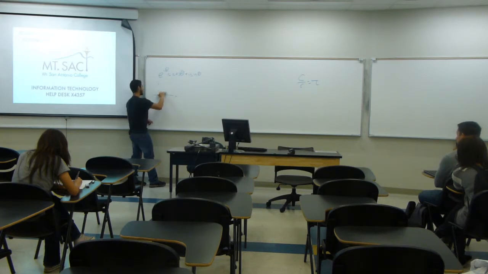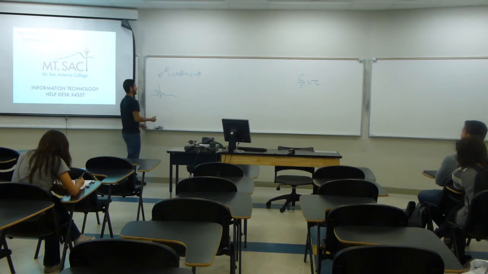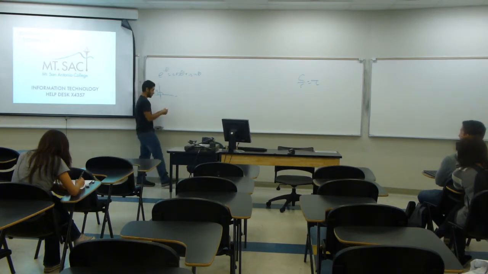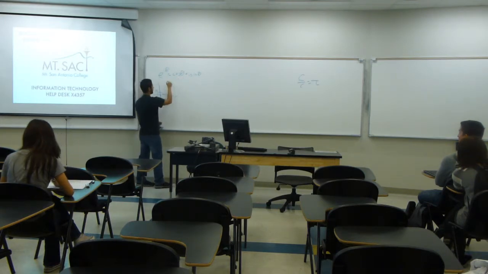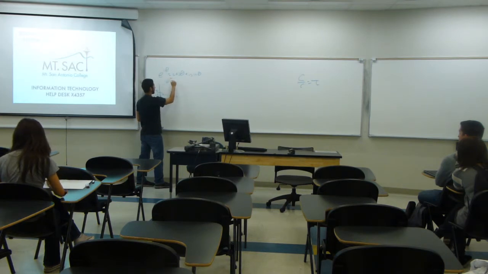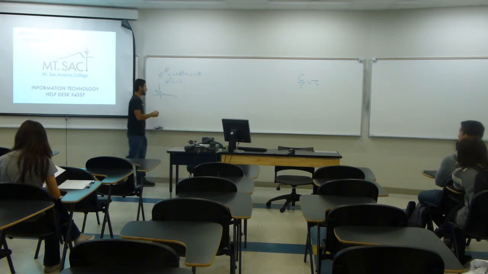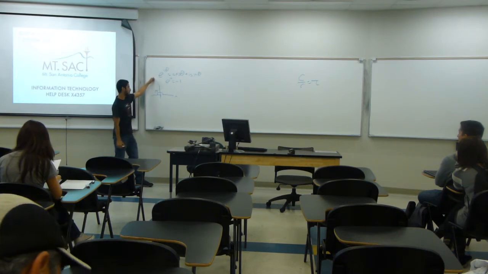See? It's confusing. So when you're at pi, you get -1. This will go to 0, and this will go to -1. So e to the i pi is -1. That comes from Euler's identity.